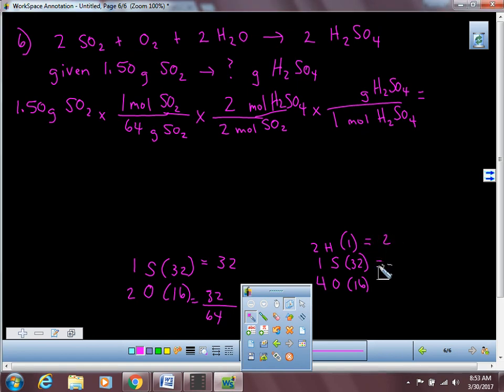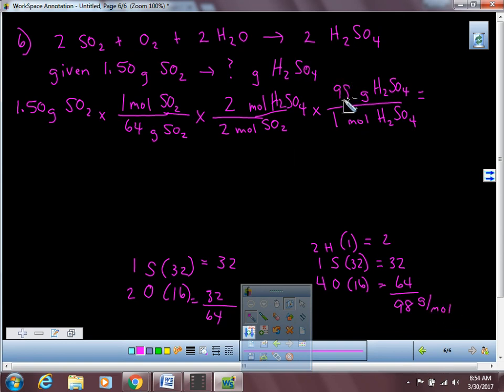So I have 2 plus 32 plus 64. I got 98 grams per mole. So I fill that into my equation. Everybody good on understanding where those numbers are coming from?